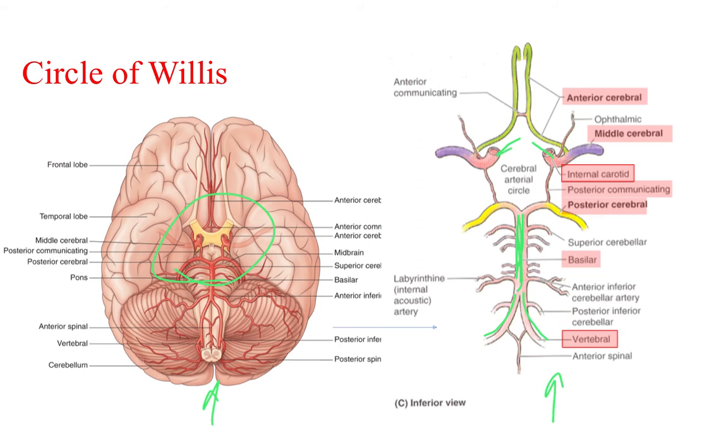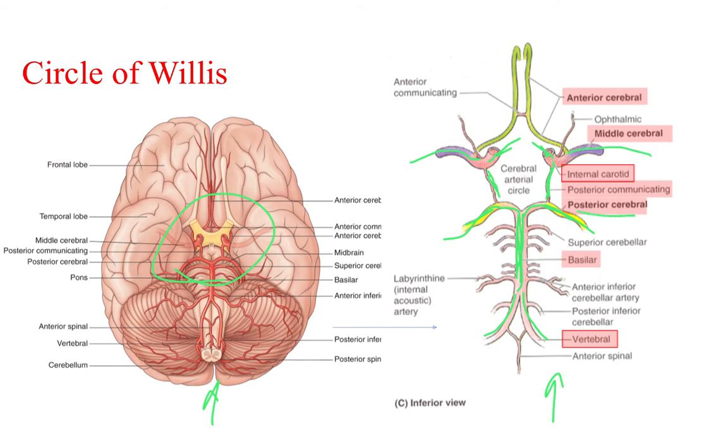So this basilar artery will then split off and become the posterior cerebral arteries, left and right, which will then have a branch called the posterior communicating arteries. So from the posterior cerebral arteries come the posterior communicating arteries, which communicate with the internal carotid arteries and form the middle cerebral arteries.